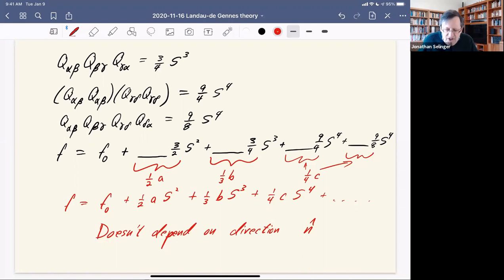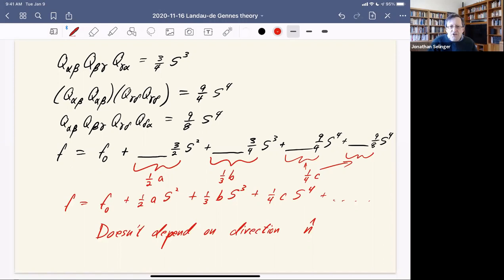And that's an important point. The free energy depends on the magnitude, but it's the same regardless of whether the liquid crystal is orienting along the z-axis or along the x-axis or in any other direction in three-dimensional space. So the direction of nematic order is just going to be determined by spontaneous symmetry breaking.